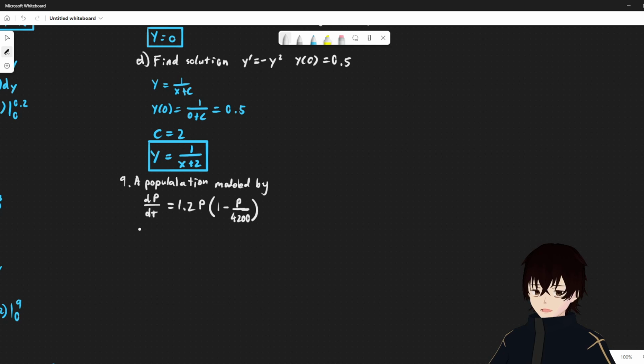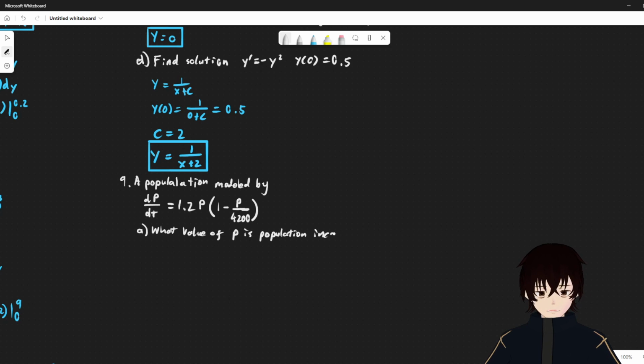Now this is also multi-part. A, what value of P is population increasing? So that means dP dt, the rate of change, is going to be greater than 0.